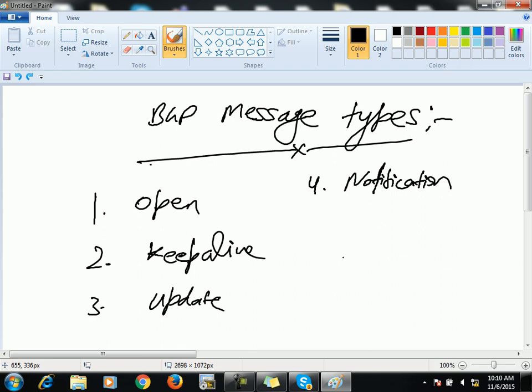For example, I want to force my neighbor to retransmit all the updates, right? So we can send a route refresh message towards my neighbor so that the neighbor will retransmit all the updates, right? That is the use of the route refresh message. But mainly these four types of messages are available in BGP: open, keepalive, update, and notification, right?